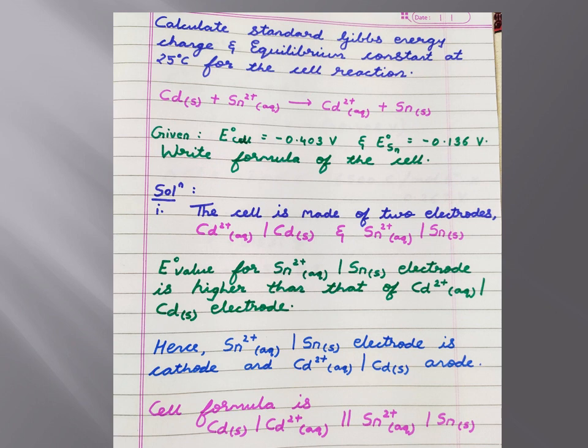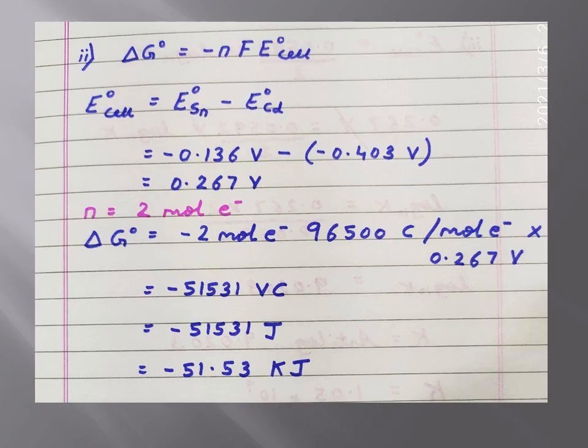Even its E0 value is more than that of cadmium, the anode. Students, in this numerical, we were told to calculate standard Gibbs energy change, that is delta G0, then the equilibrium constant K, and to write down the cell formula.